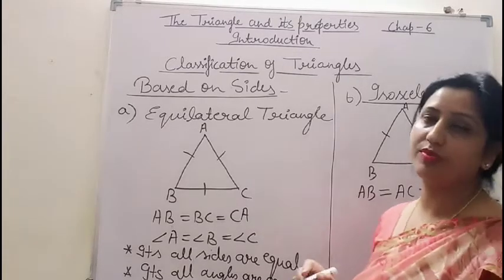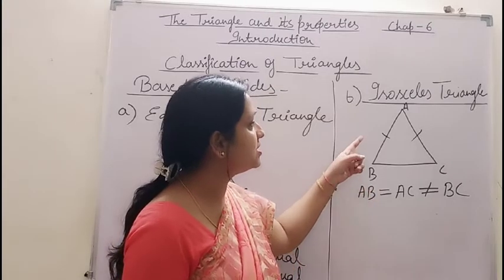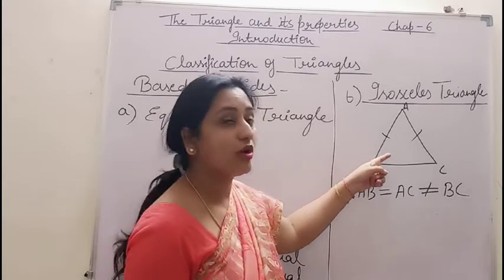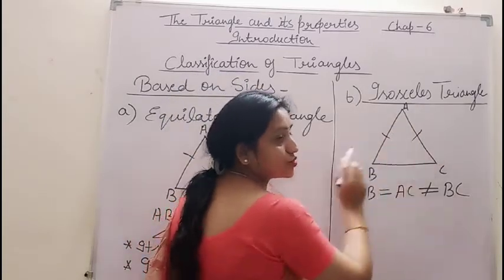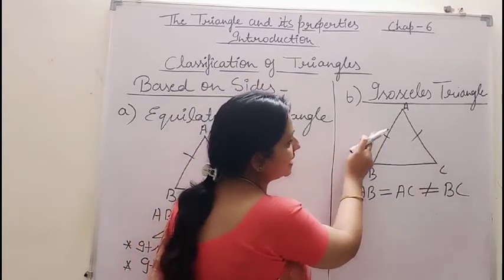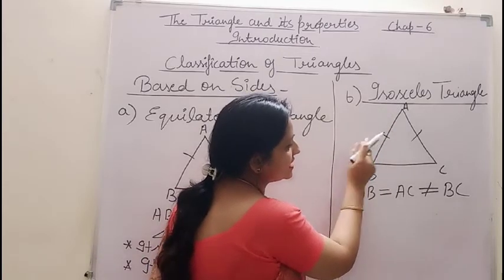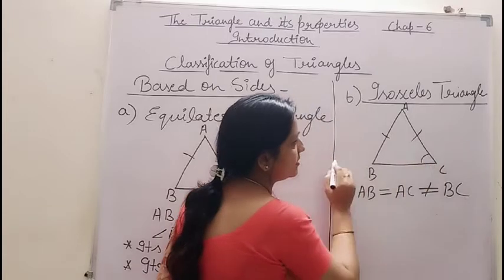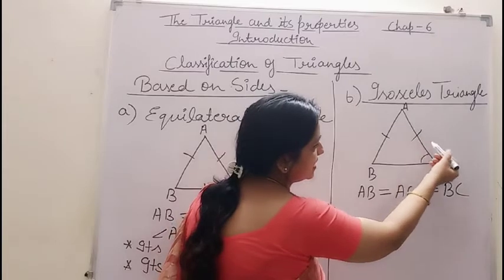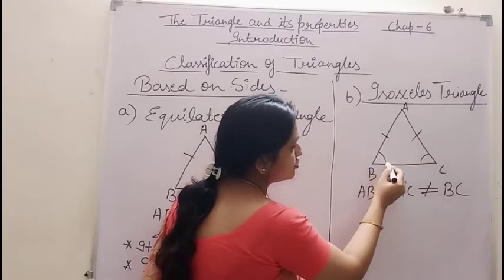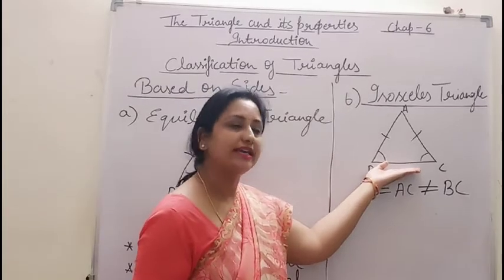And one more property in an isosceles triangle: the angles opposite to the equal sides are equal. See, AB and AC, these two sides are equal. The opposite angle of side AB is angle C, and for side AC, which is equal to AB, the opposite angle is B. So in this triangle, angle B and angle C are also equal.